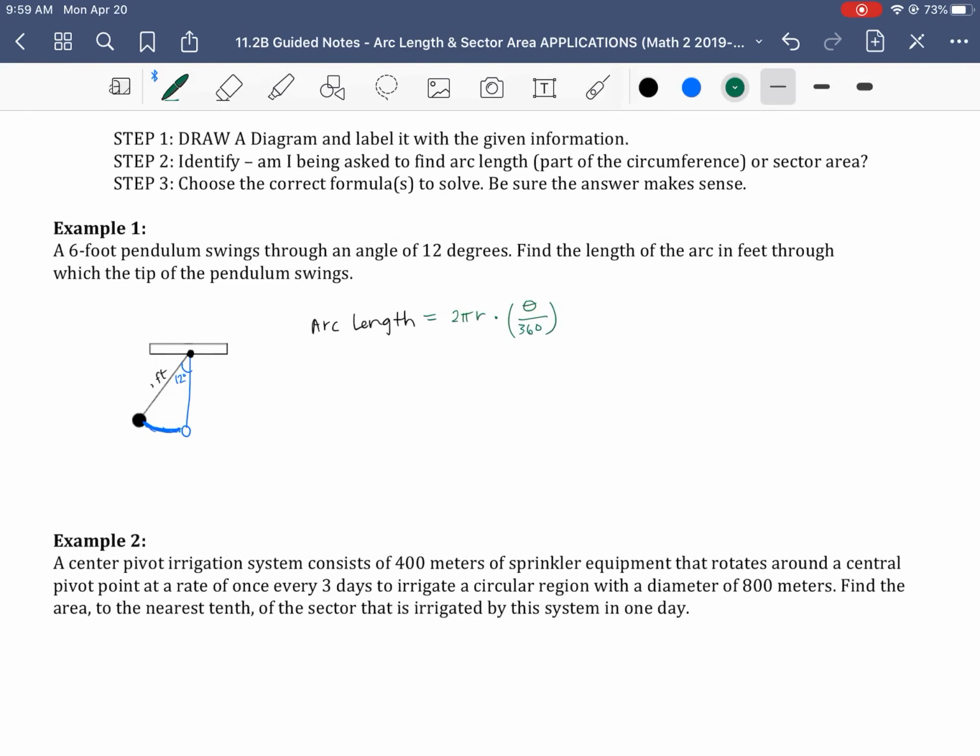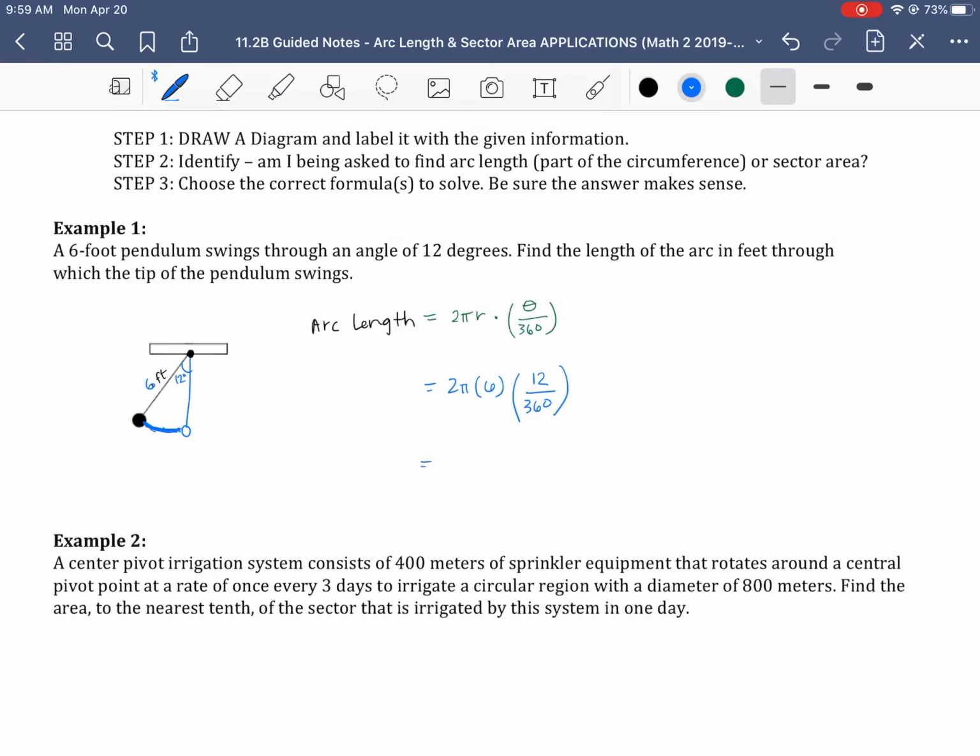So we just plug in our information. So we're going to say, well, it's going to be equal to 2 pi times the radius. In this case, our radius is 6 feet. Oops, I accidentally erased that. And then we multiply that by our angle measure. So the central angle is 12, and that's going to be over 360 degrees. And then hopefully you guys are getting really good at plugging these in the calculator.